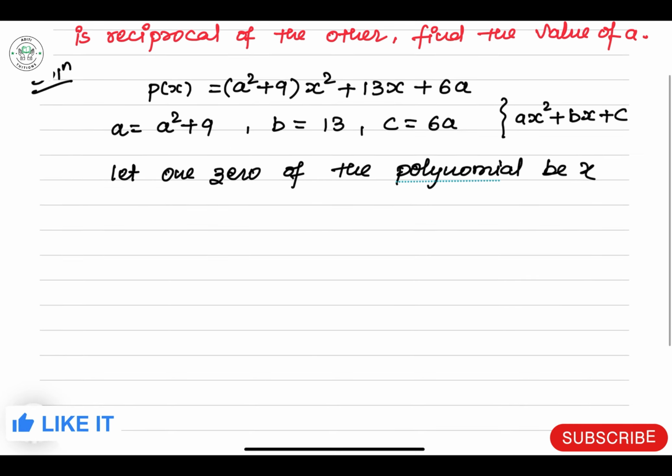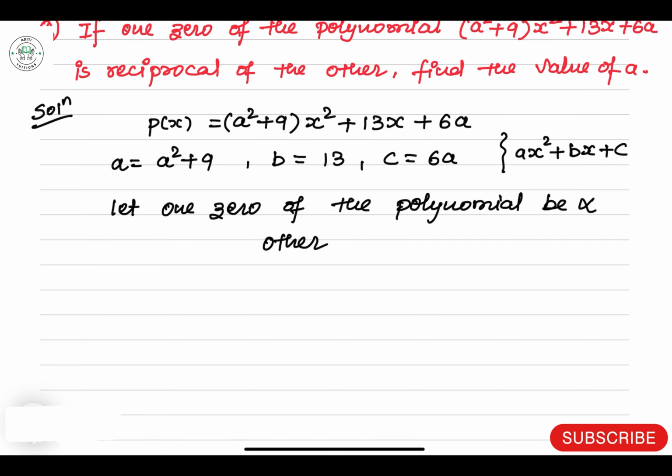Sorry, I will not take x because we already have x as the variable. We'll take alpha. Then the other zero, according to the question, will be the reciprocal of that, so the other zero is 1 by alpha. Now we have one zero as alpha and the other as 1 by alpha.